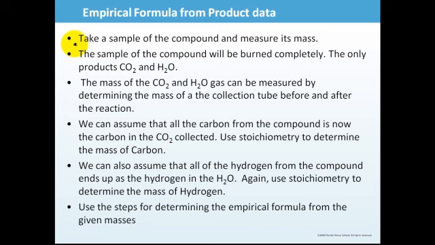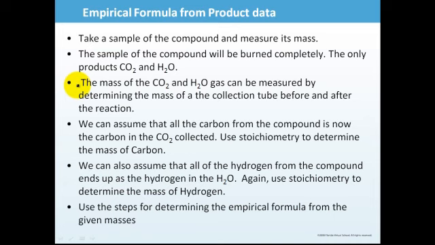Well, first you would take a sample of the compound and measure its mass. Then it is burned completely, so the only things left are CO2 and H2O. Once we've got the mass of the CO2 and H2O, we then start our calculating.